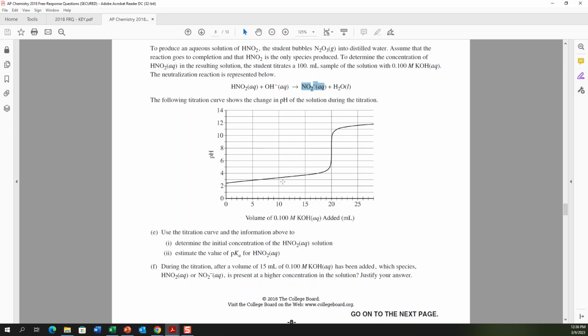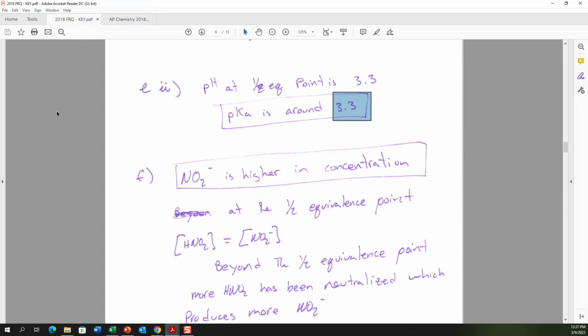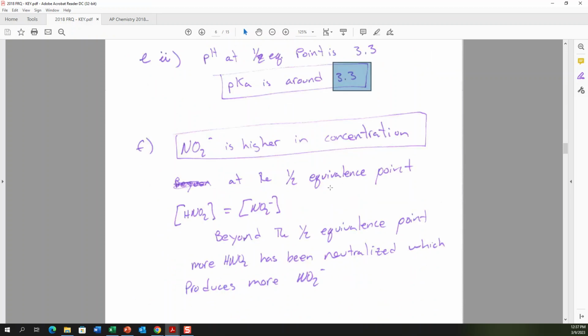Anything before the half equivalence point, you would have more acid than the conjugate base, but anything after the half equivalence point, you would have more of the NO2 minus. Okay, so the answer would be this, the NO2 minus is more concentrated. At the half equivalence point, the amount of this equals the amount of that.